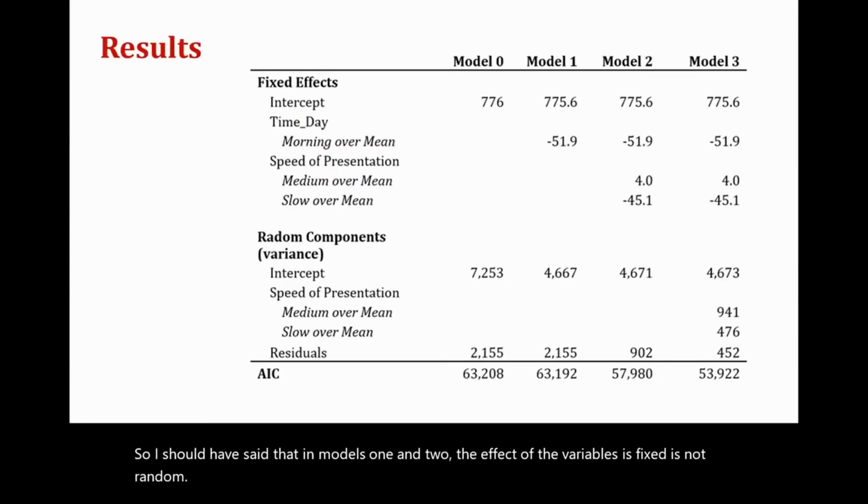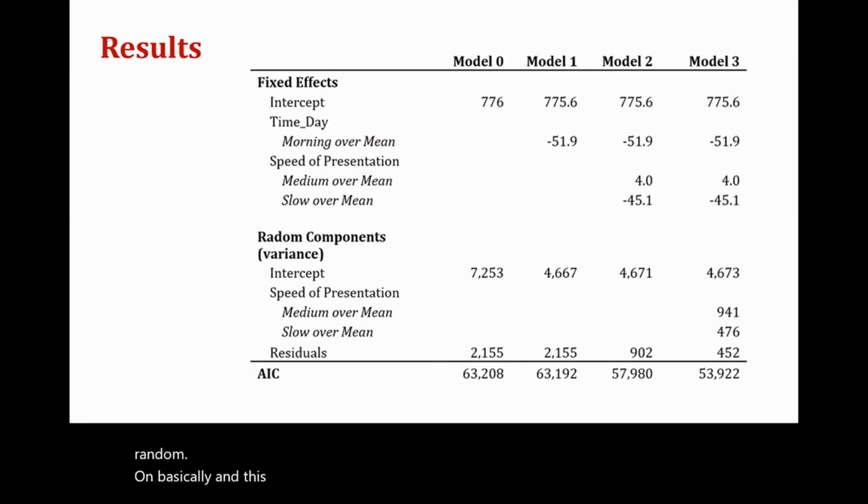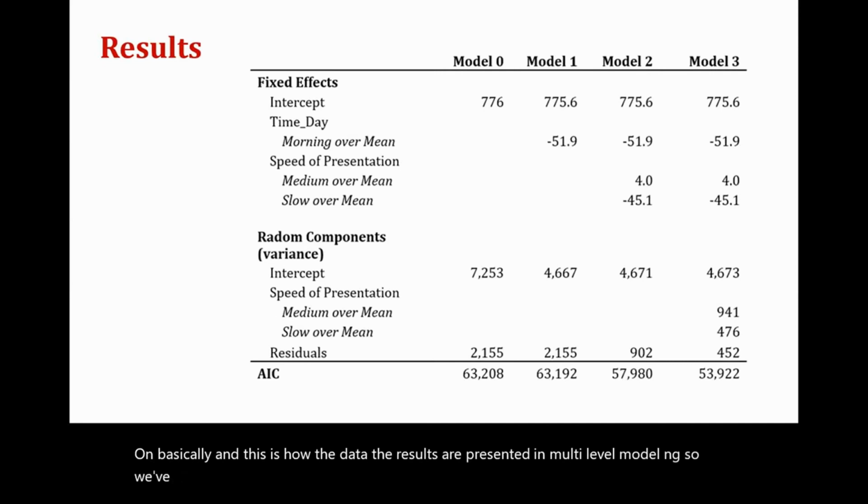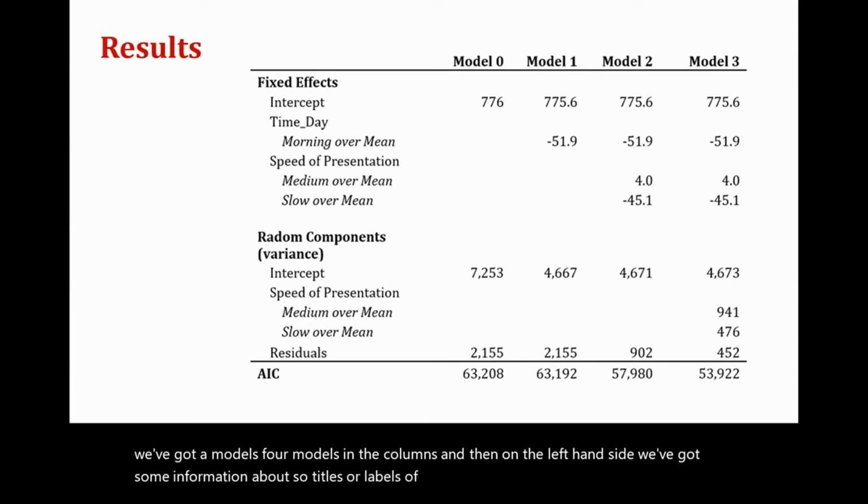And basically, this is how the results are presented in multi-level modeling. We've got the 4 models in the columns, and on the left-hand side we've got information about titles or labels of the parameters that we are estimating.